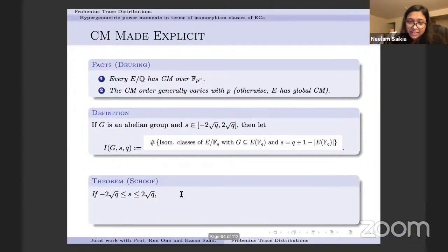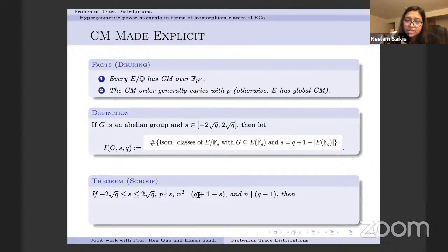So here, if the trace is co-prime to p, and we have these two additional congruence conditions, where the first condition is totally group theoretic, because if G equals G_n times G_n, then n squared should divide the order of the group.